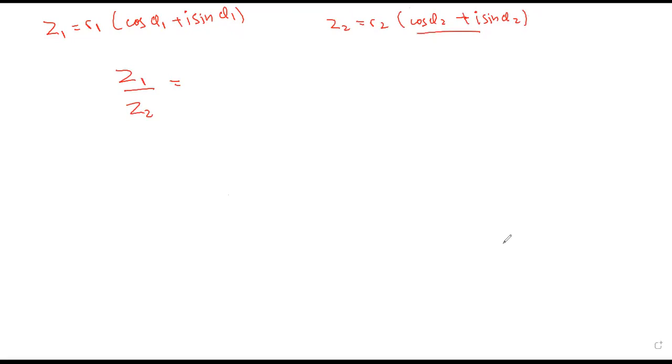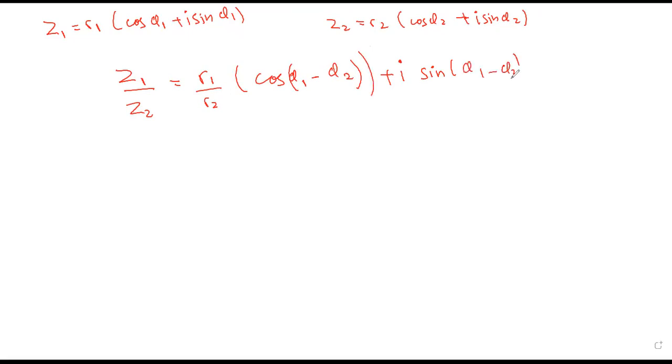So finally, your answer is going to be R1 by R2 cos theta 1 minus theta 2 plus iota sine theta 1 minus theta 2.